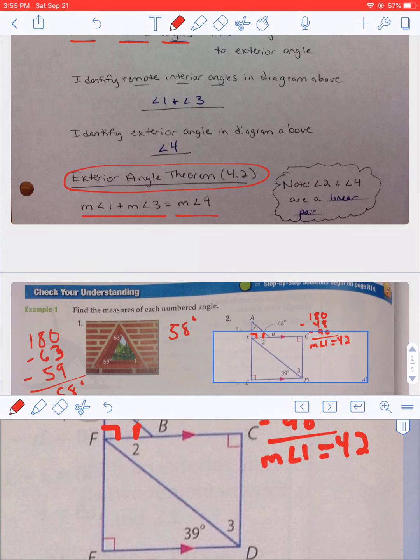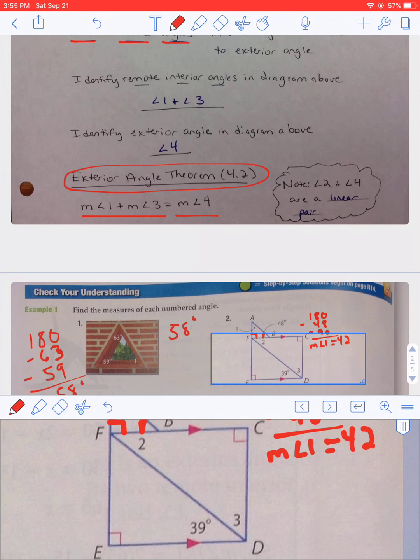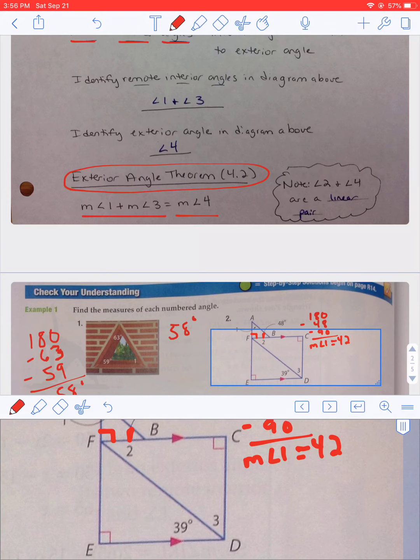Now, angle 2, you'll notice we're going to have to use a little bit of prior knowledge here. The thing that stands out to me is these parallel line symbols. That is something that is really going to help me find angles 2 and 3, okay?